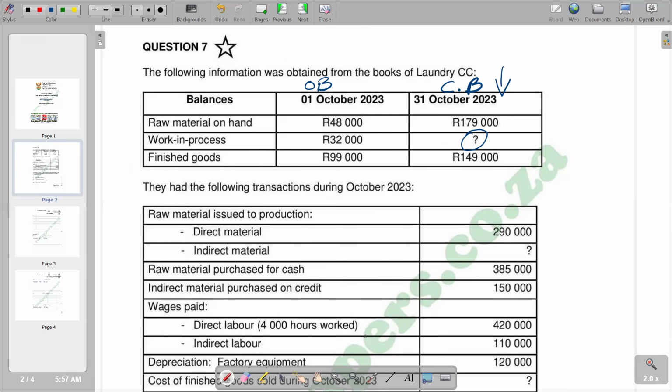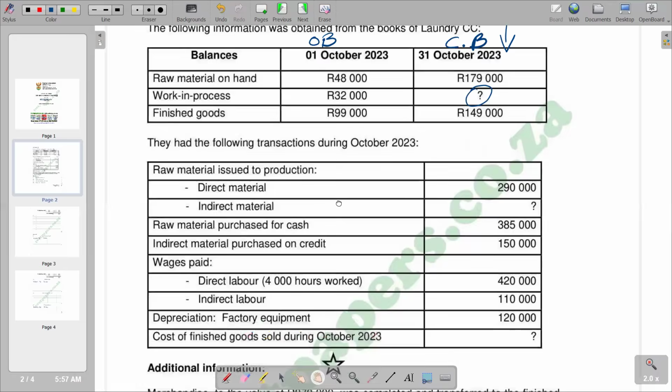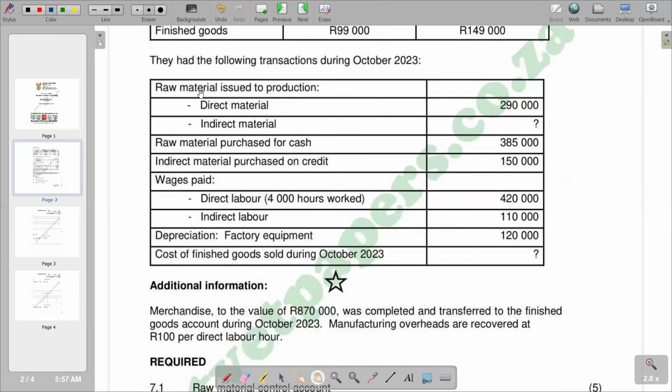Then you go to the transactions. So we see that the first item is that the raw materials issued to production. Raw materials issued to production, we've got 290,000 for direct material. So basically, you know that when it's being issued to production, it means they are coming from the raw material control.